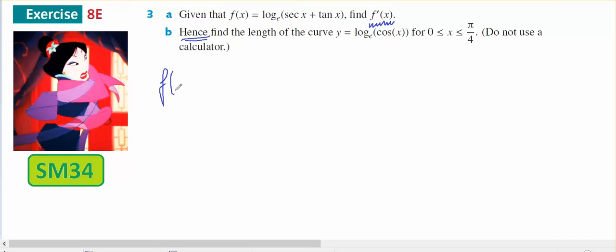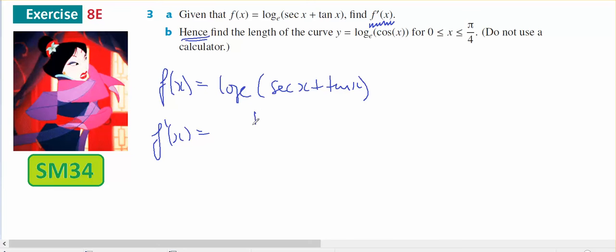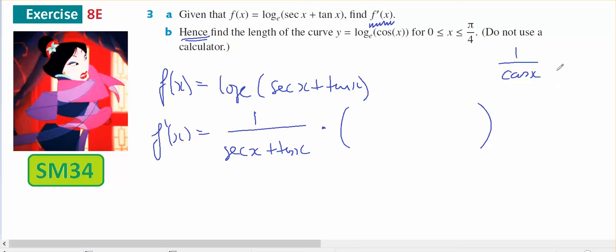So if f of x equals log base e of sec of x plus tan of x, then f dash of x will be 1 on top of all of that, sec of x plus tan of x, times the derivative of this. Now sec is 1 on cos of x, therefore that's cos of x to the negative 1.